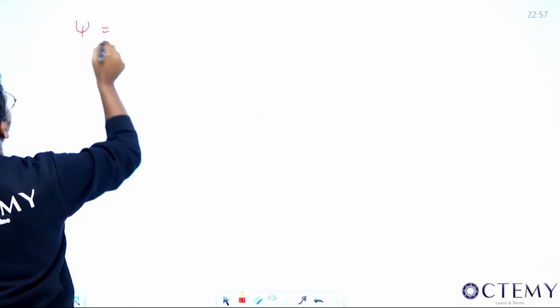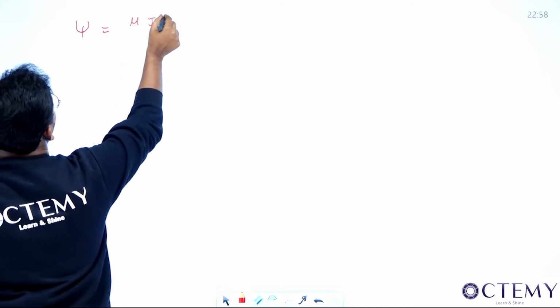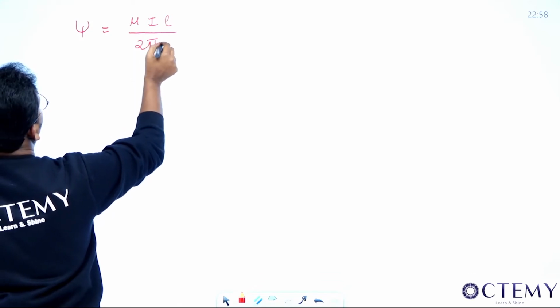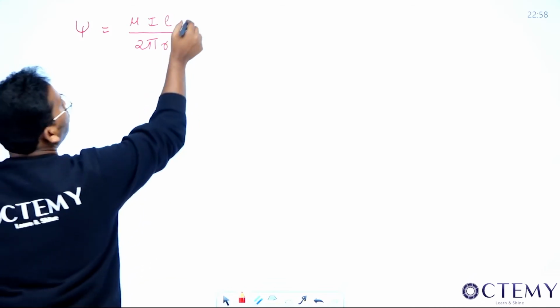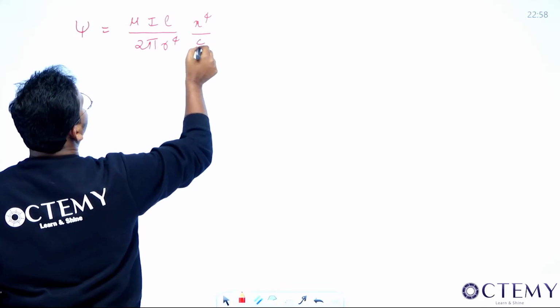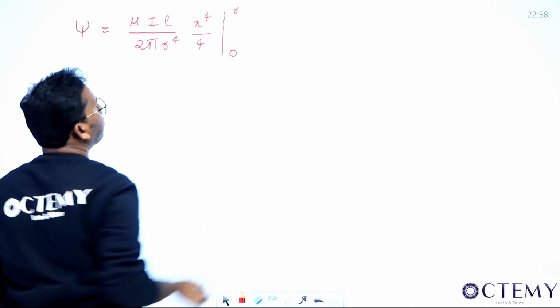Total flux linkage phi is equal to mu is constant, I is constant, L is constant, divided by 2 pi r power 4 is constant, and in the integration, x cube is x power 4 divided by 4, and in this I have to substitute the limits as 0 to r, right?